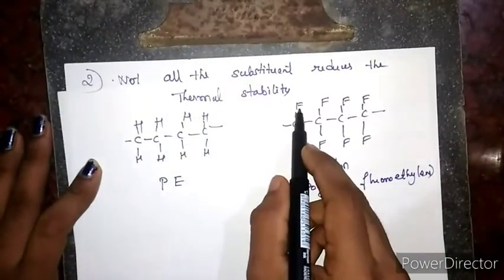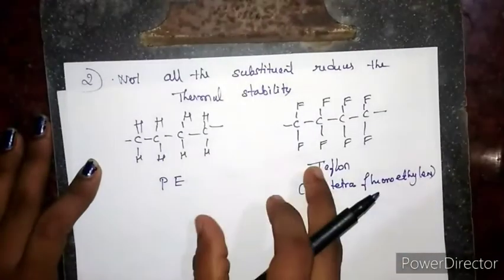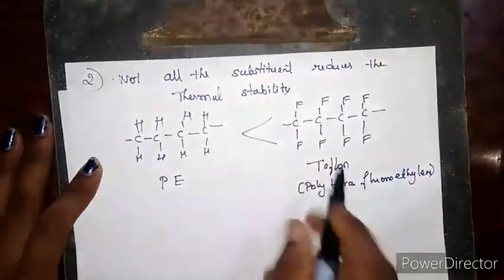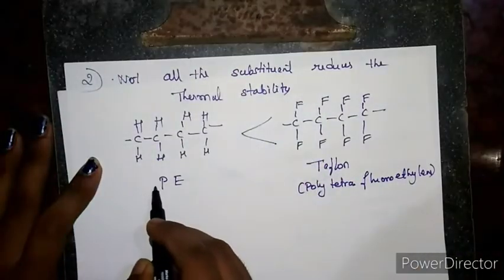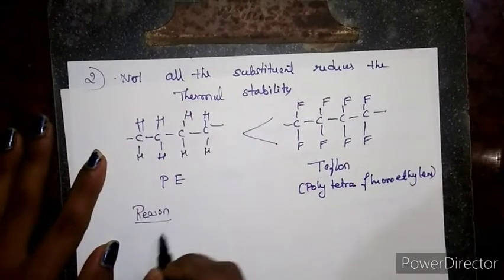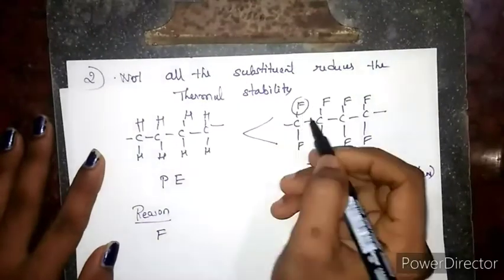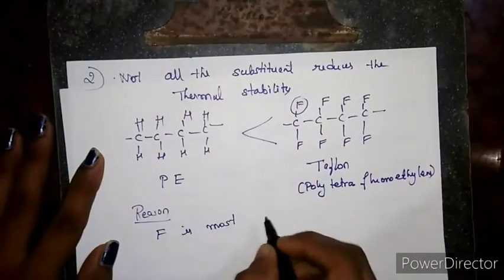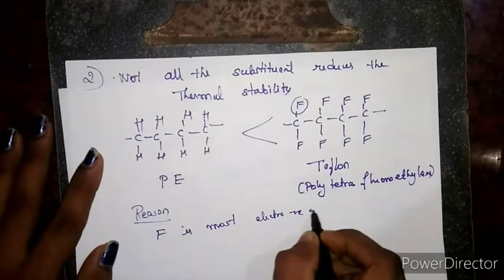Now here you have the substituent fluorine, right? So among these two, which one is more stable? That is the question. Teflon is more stable when you compare it to polyethylene. Why? The reason is fluorine. What is the nature of fluorine? Fluorine is the most electronegative atom.